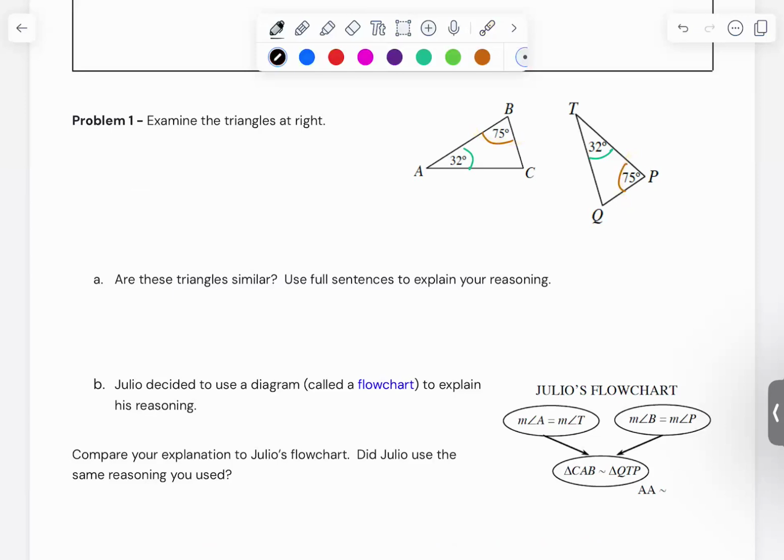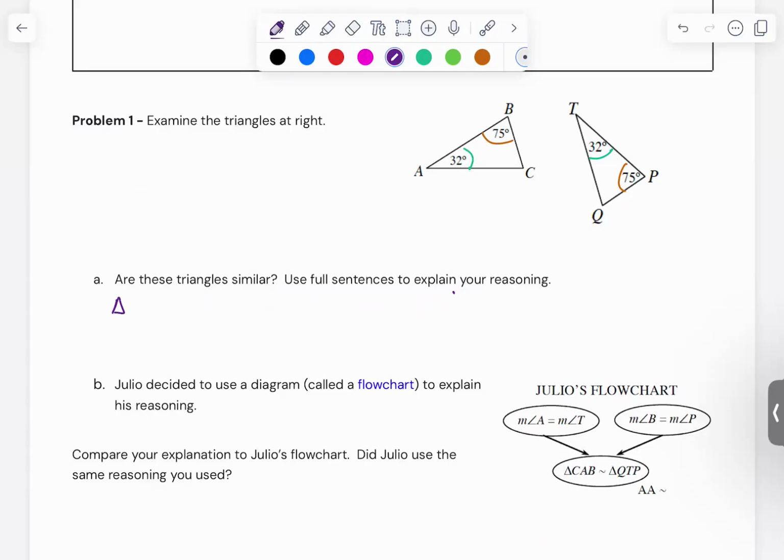So by that case, then yes, these two triangles are similar. Actually, let me write it this way. Sorry, I wrote it a little differently earlier. Let me write it this way.